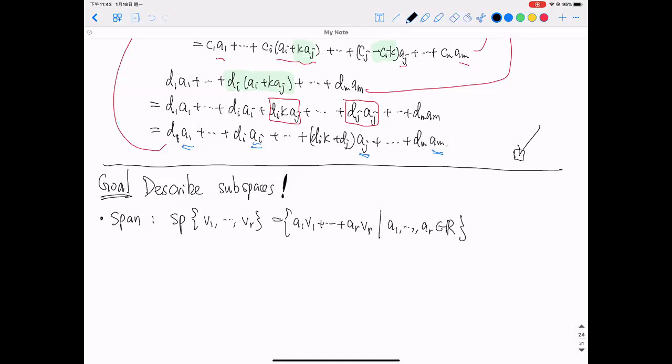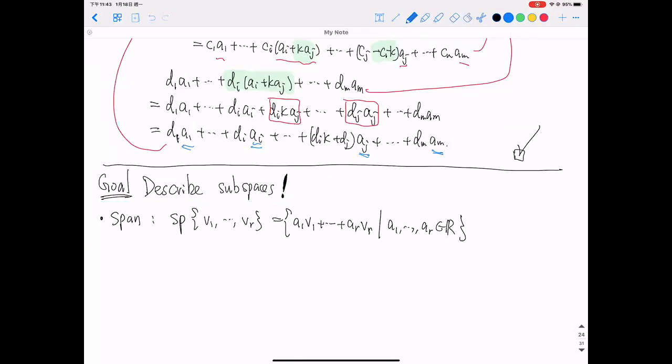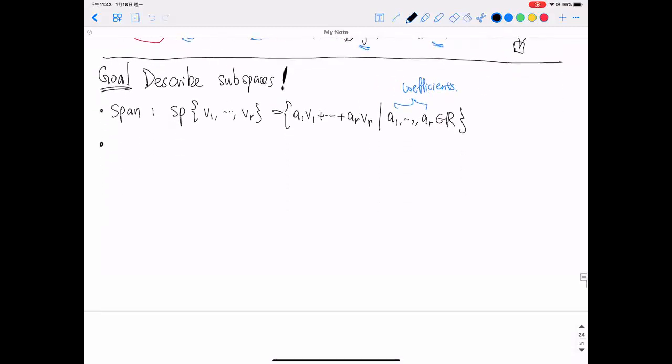And remember, these a's go by the name of coefficients. We can certainly consider spans as being reasonably described.